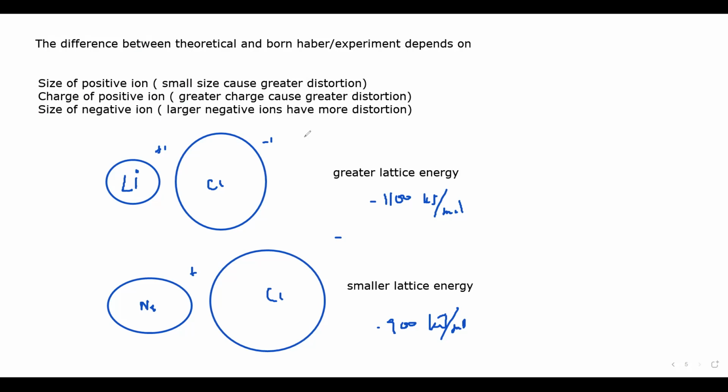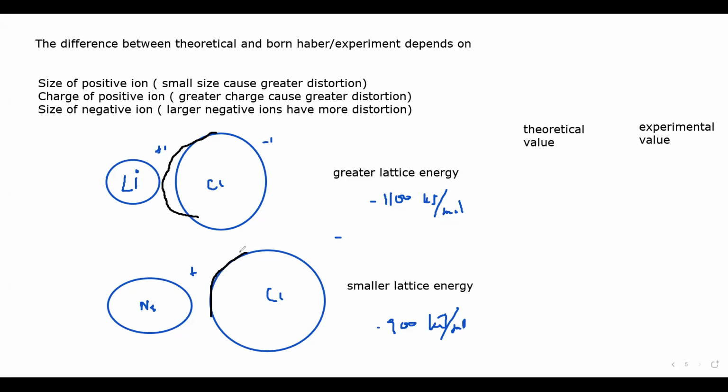The second part, which will have a greater difference between experimental value and theoretical value? That depends on the distortion, because lithium ion is smaller in size, so it causes more distortion as compared to sodium.